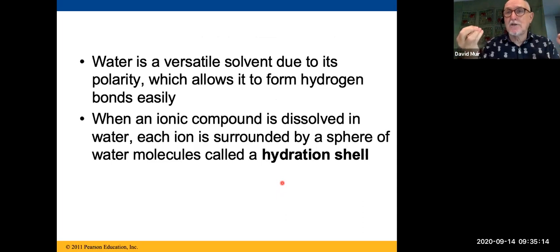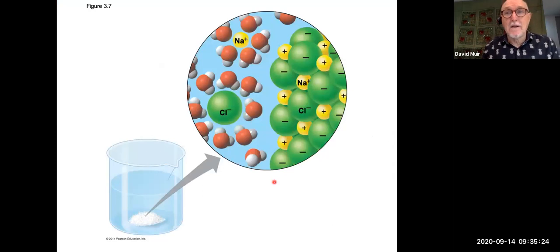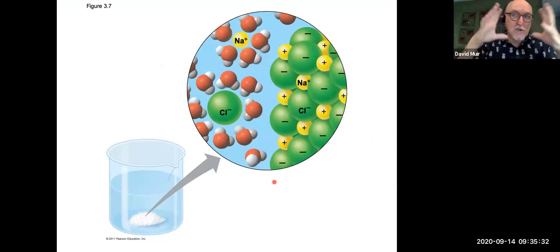They have a charge. They are ions. Ionic substances dissolve as ions into water. The reason water is able to dissolve them so well is because it surrounds the ions with a hydration shell, with very weak hydrogen bonds which surround the ion.